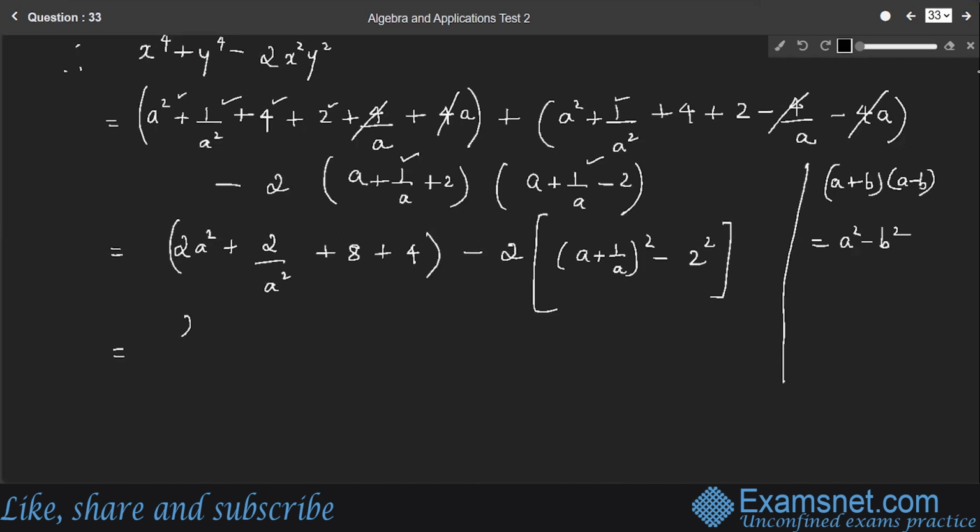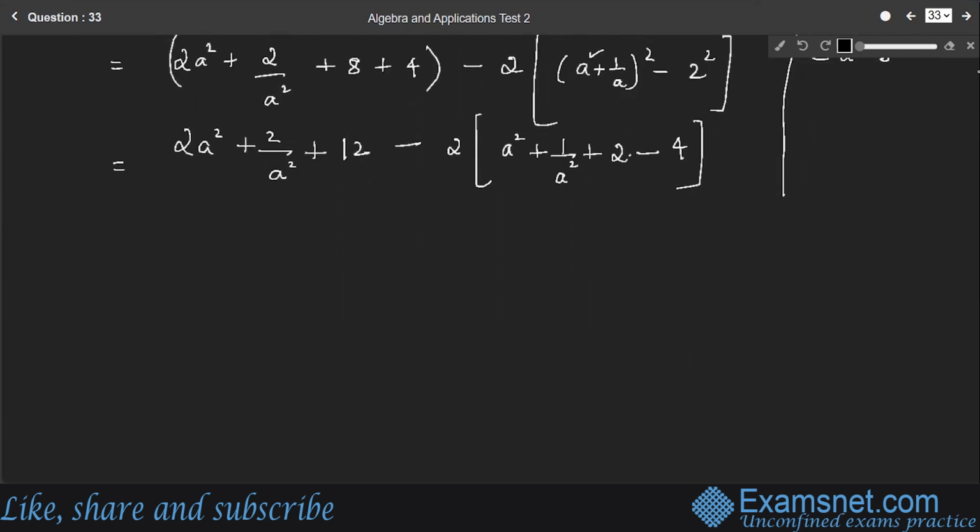Therefore, 2a square plus 2 by a square plus 8 plus 4 is 12, right? So, minus 2 into (a + 1 by a) the whole square, again in the form of (a + b) the whole square: a square plus b square, 1 by a square, plus 2 times ab. The ab value is a into 1 by a, which is 1, minus 2 square, which is 4. Therefore, we have 2a square plus 2 by a square plus 12.